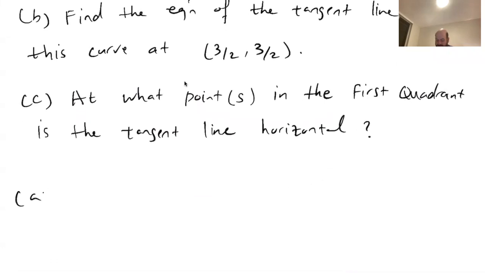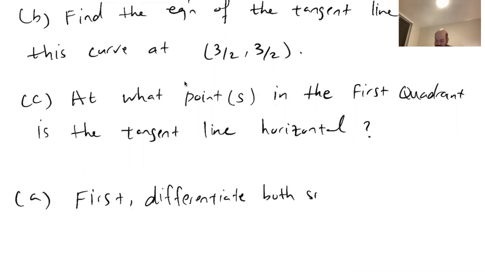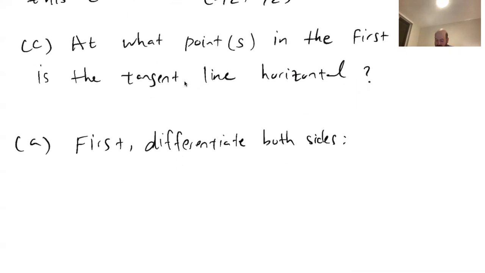So for part A, what were the steps? First, differentiate both sides. Then we get the derivative of x cubed plus y cubed equals the derivative of 3xy.